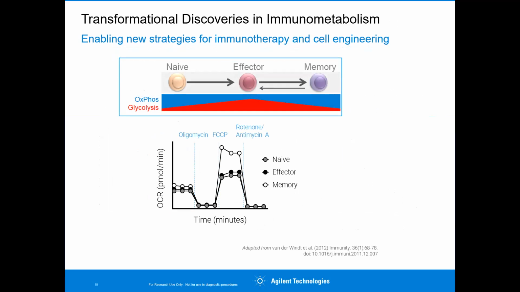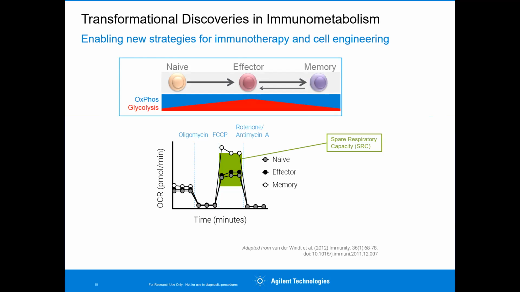So I mentioned Erika Pearce before, and she was really one of the early pioneers who demonstrated using this assay, this Mito Stress Test kit, that something called the SRC, or spare respiratory capacity, was key in identifying and predicting the potency and persistence of immune cells. So often the greater the spare respiratory capacity, the longer a memory T cell can persist.